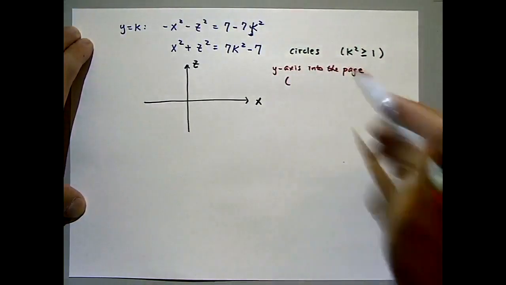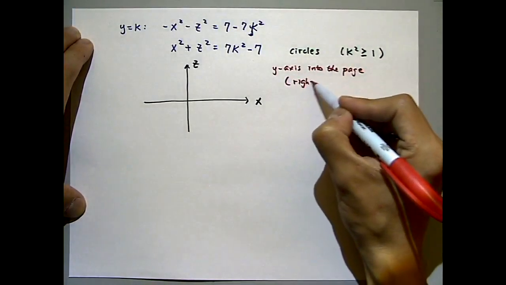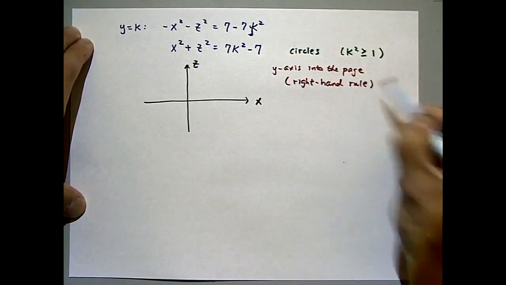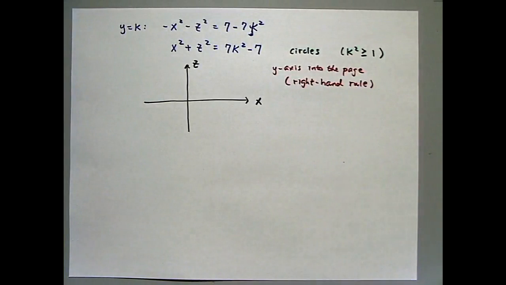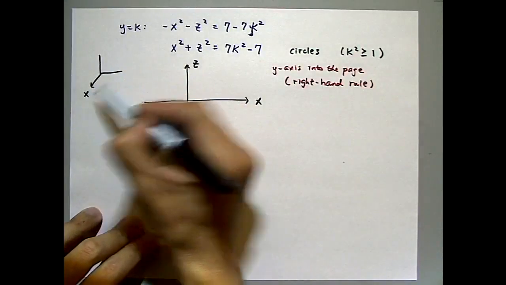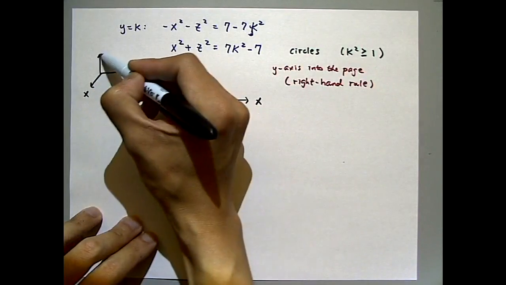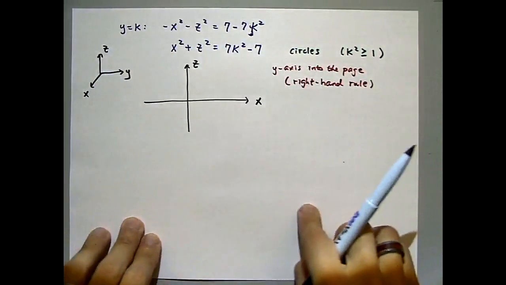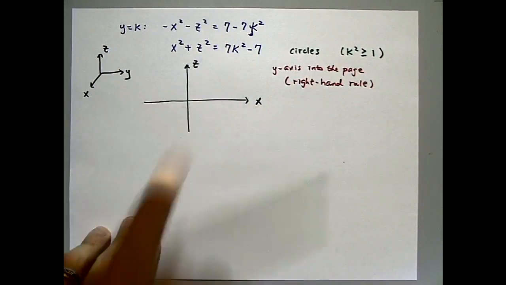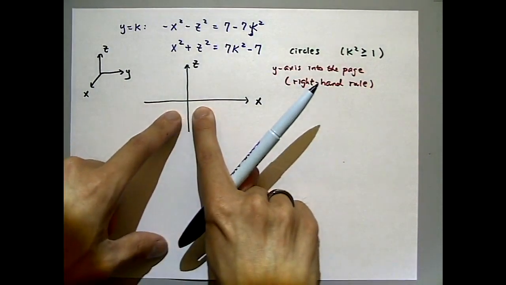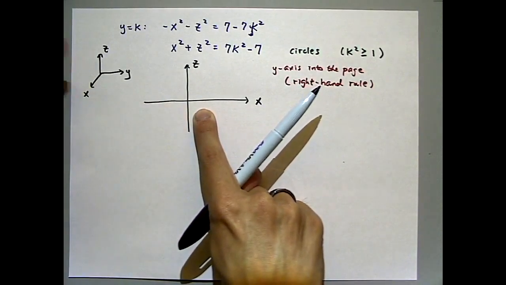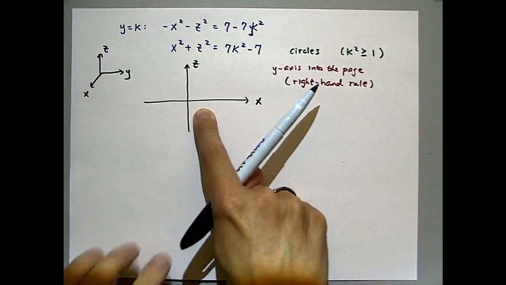Remember, we have to obey the right-hand rule. If you have trouble seeing that, just look at the regular XYZ perspective we draw all the time. In order for x and z to show up like that, y has to necessarily point into the page. So that's the perspective we're looking at from the left side of this shape.